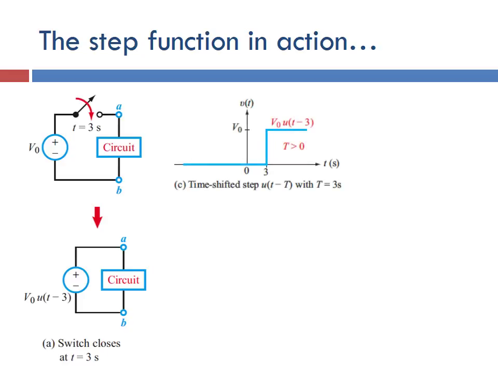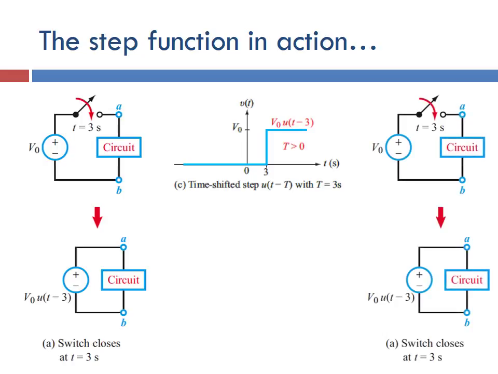When I close that switch, originally you have an open circuit, and that open circuit means no current flows, so that's 0 all the way up to t equals 3. And then once we switch the switch, now it's at v equals whatever your voltage is, because the power is going through. You see we've shifted that step function over by waiting 3 more seconds. So that's a cool way of showing a time shift.